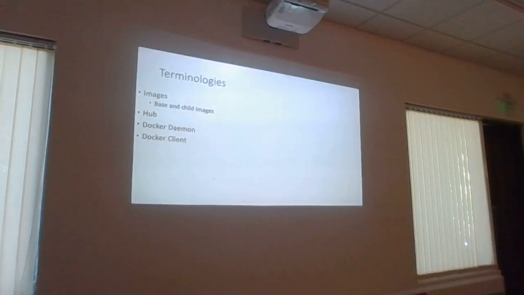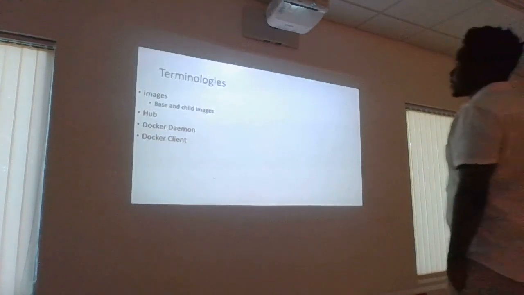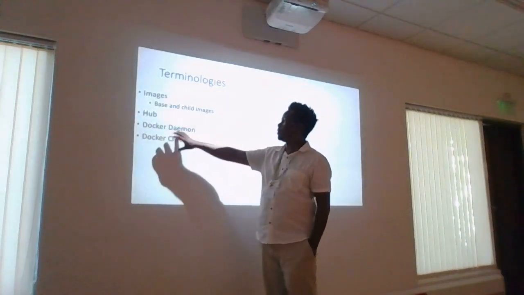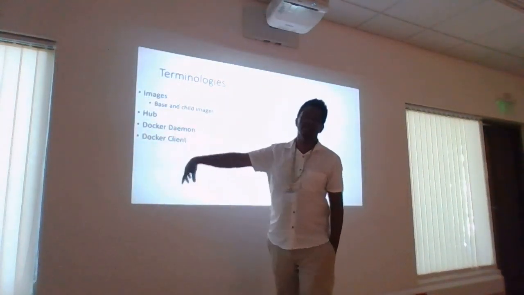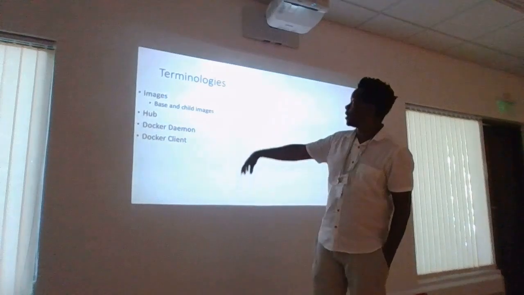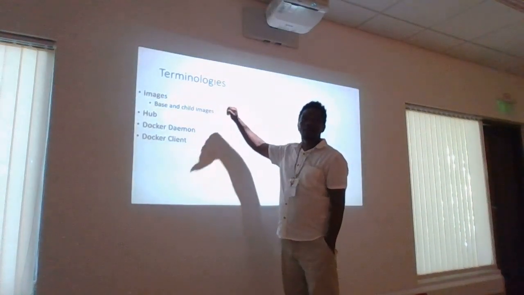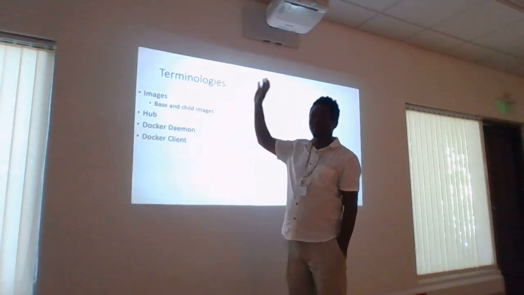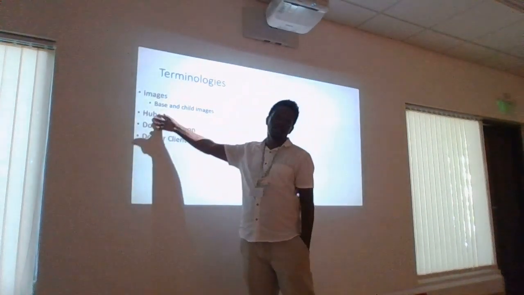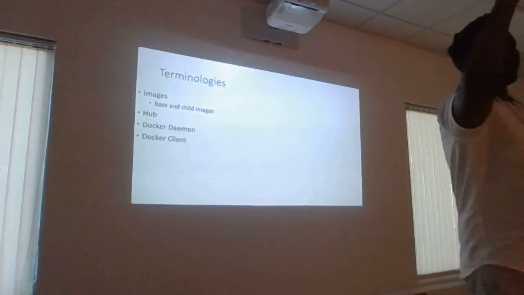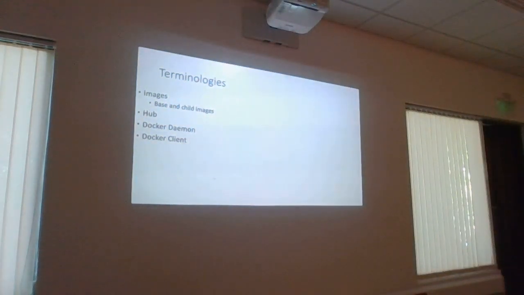So if you're dealing with this technology, you'll hear a lot about images. You hear about Docker Hub. You hear about the daemon and the client. The images are just what I've illustrated. You can have an Ubuntu image, you can have a Fedora image, whatever it is, and then Docker Hub, which is a repository where people put their images, and you can pull those images, particular applications, and run them.